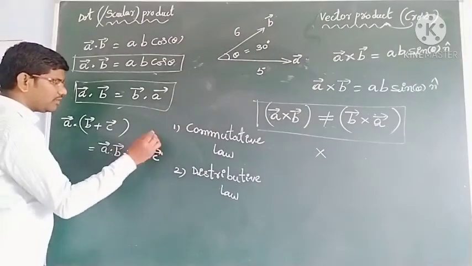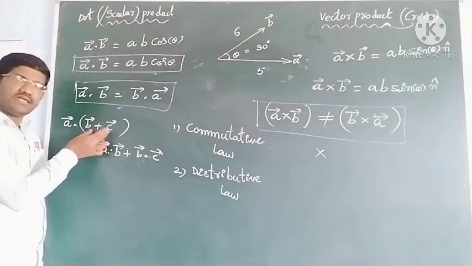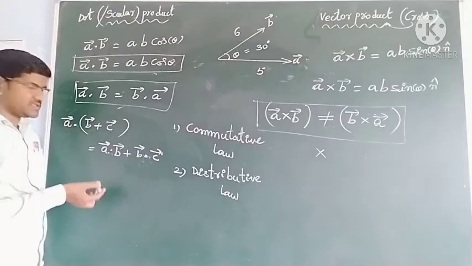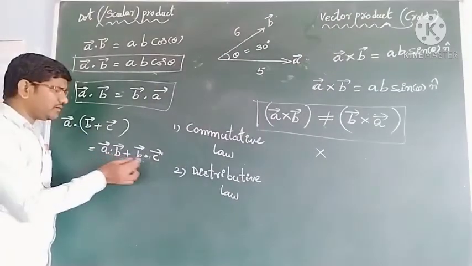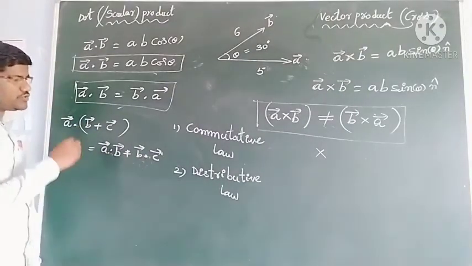It means you add the two vectors B plus C, then take the dot with A bar. Otherwise you take A dot B plus A dot C, and you check that both are equal. So the distributive law is obeyed here.